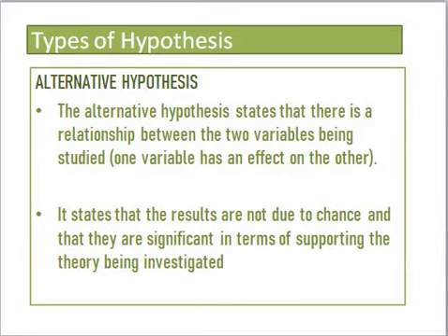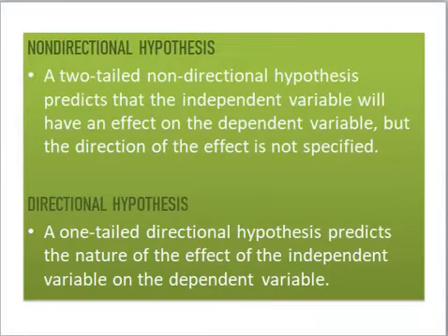And the other statement is eating ice cream has a relation with running a temperature. So one says that there is a relation and the other says that there is no relation. The statement which shows there is a relation is the alternate hypothesis, and the other one is the null hypothesis. Now the next type is non-directional hypothesis and directional hypothesis.